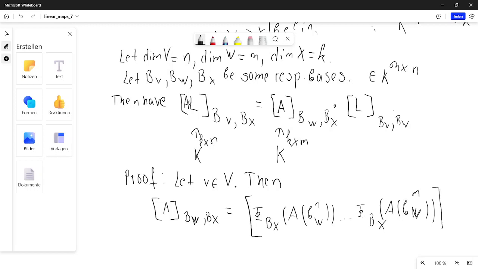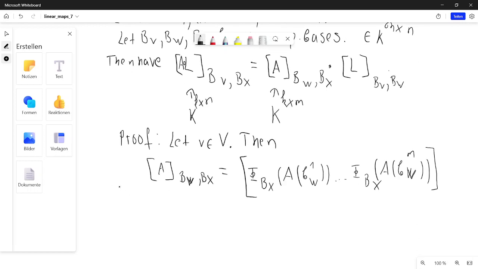All right, this is one matrix, and this is L, and L goes just from BV to BW. That is the same game.